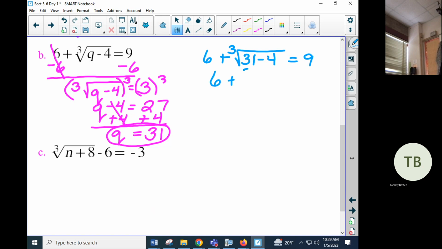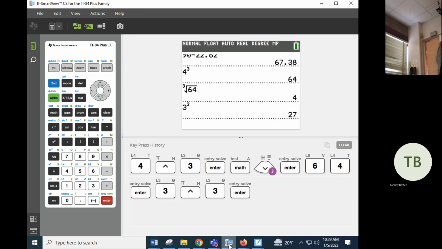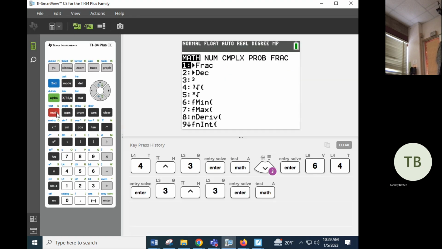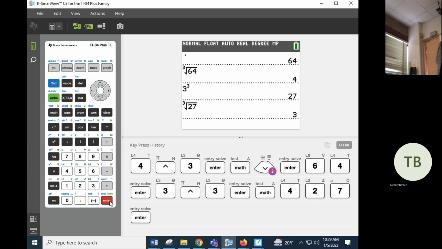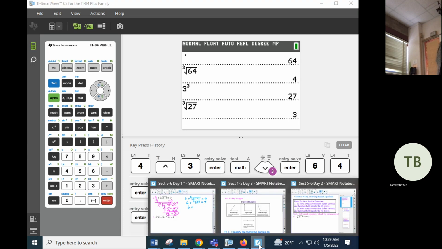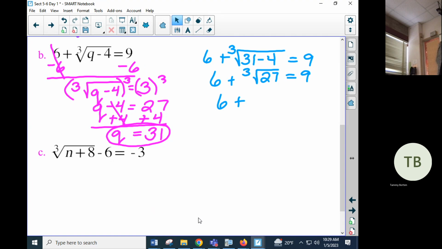So 31 minus 4 is 27. We check, is 6 plus the cubed root, again you hit that math key, and then it's the fourth one, which you can just hit 4, and it was 27, and that is 3. So if we go back, this was 3, and 6 plus 3 does equal 9.